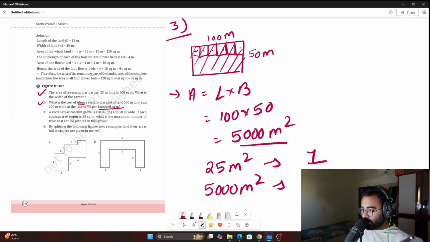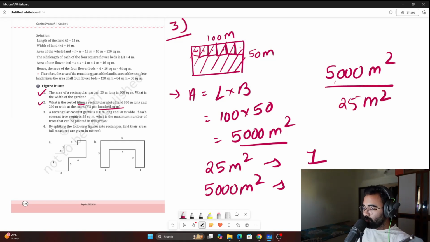Simple, all I need to do is divide. So that should give you 5000 meter square divided by 25 meter square. There is a reason why I'm writing meter square, because these two get cut. So the answer that you get is a constant term. You can also use this as a check. The units must cancel out if the answer is going to be a constant number.